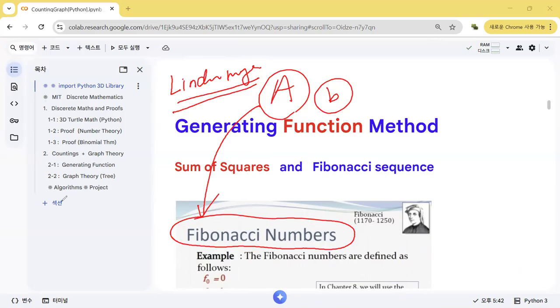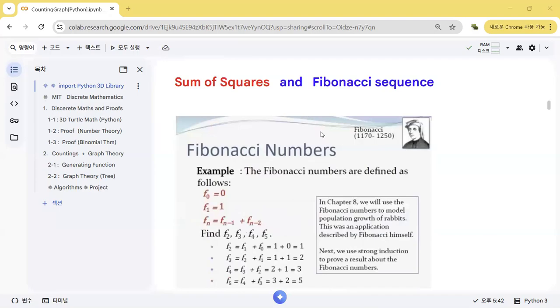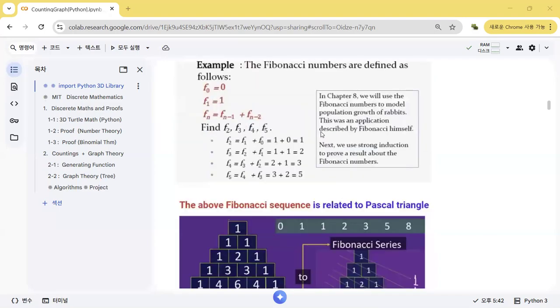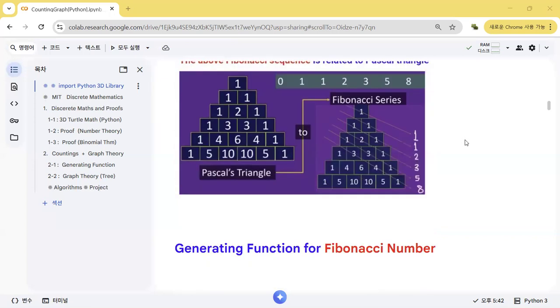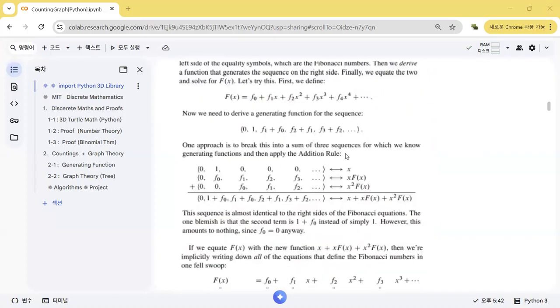But for the final examination, we use a generating function. Usually this one is a final examination problem for mathematics major students. But since you are students majoring in IT and computer science, it's a little bit difficult.